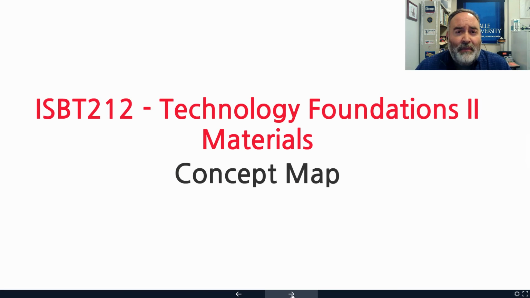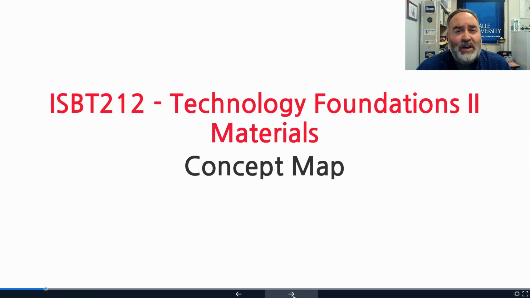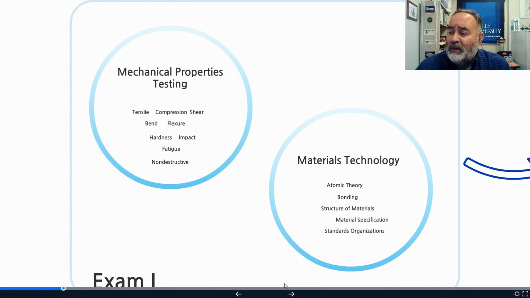Talking about the concept map for the course itself, what I wanted to do was provide a very brief overview of where we're going before we jump in. So this course will be lumped into three different areas. The first area will be evaluated in Exam 1.